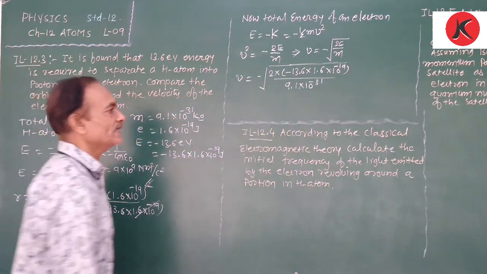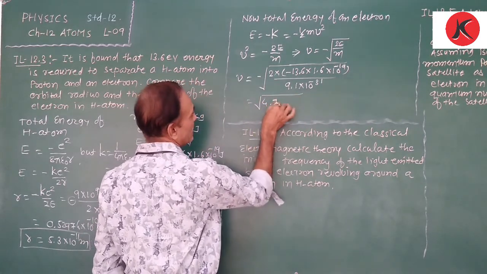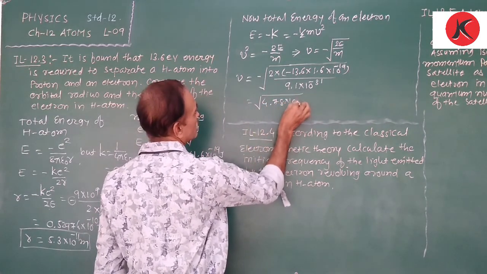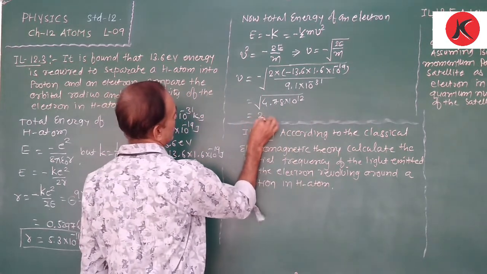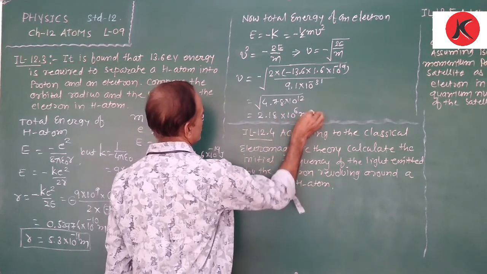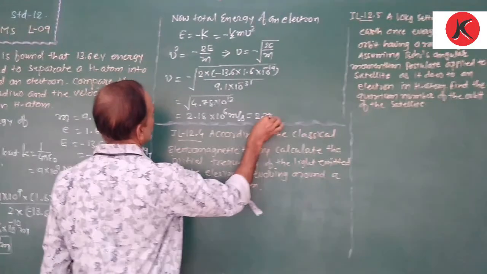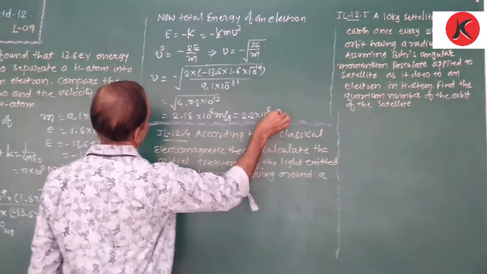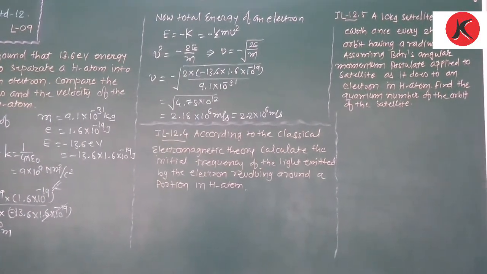When we simplify, we obtain 4.78 into 10 raised to 12. Taking the square root, therefore 2.18 into 10 raised to 6 meter per second. That is approximately 2.2 into 10 raised to 6 meter per second. That is the velocity of an electron.